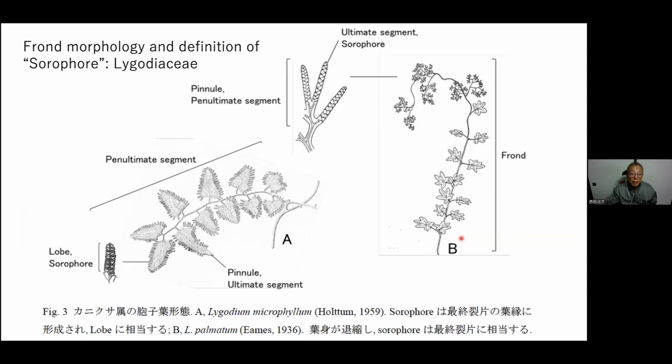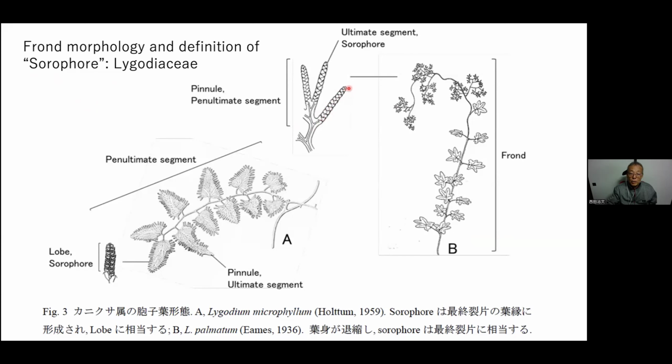To make anatomical or morphological comparison, we have to determine the fertile structure in morphological terms. And here we use sorophore for the set of sporangia lined in 2 lines on a very narrow segment.